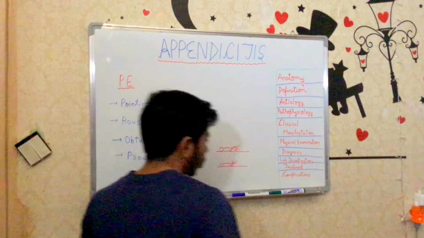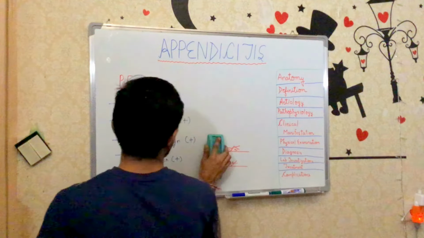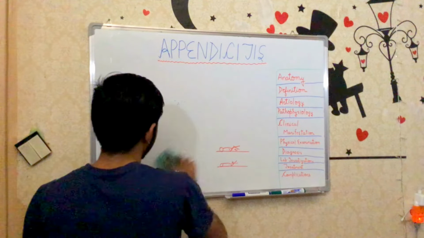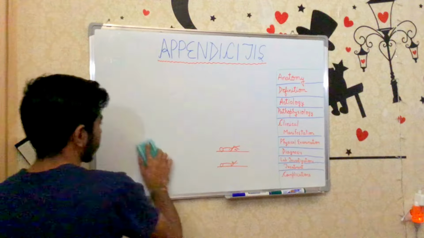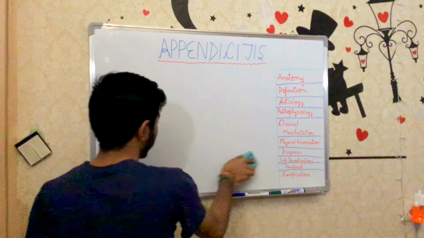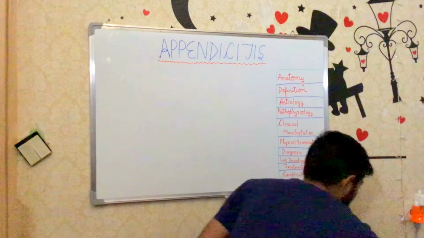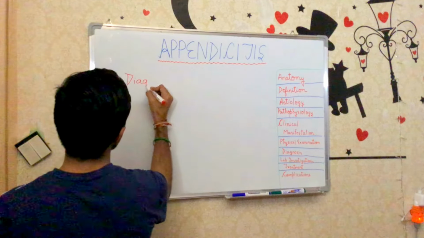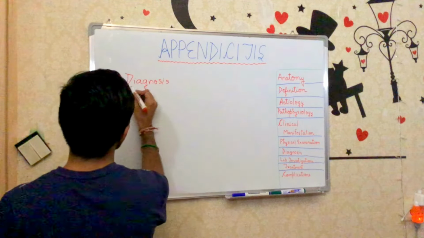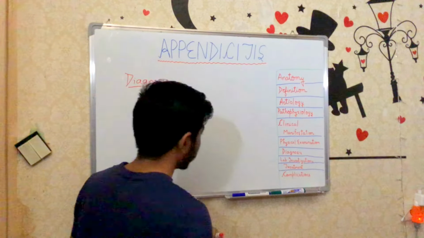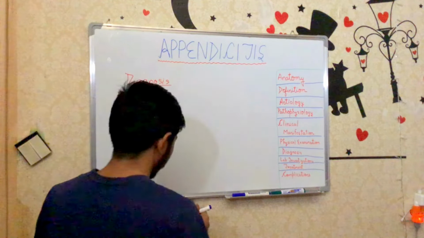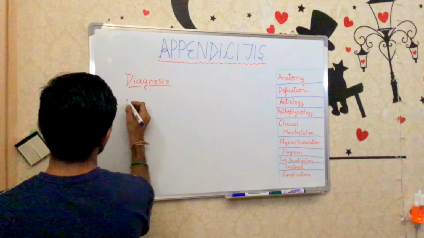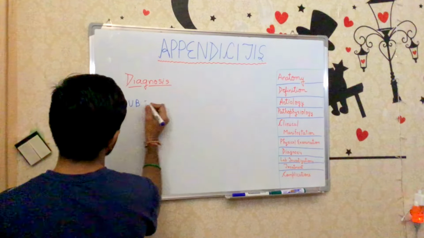Now let's talk about the diagnosis of acute appendicitis. We can have the kidney ureter bladder test.